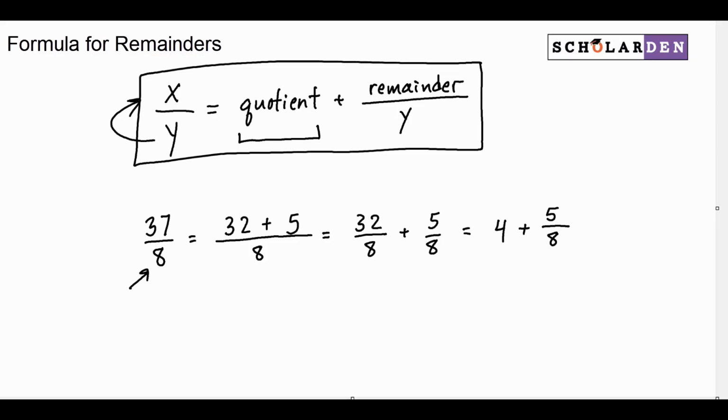And remember that this remainder has to be a non-negative number, so 0 or positive, but it has to be less than the divisor.